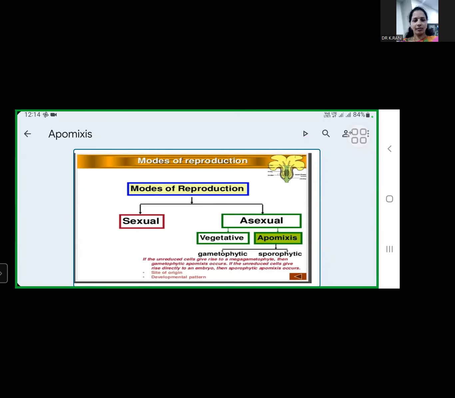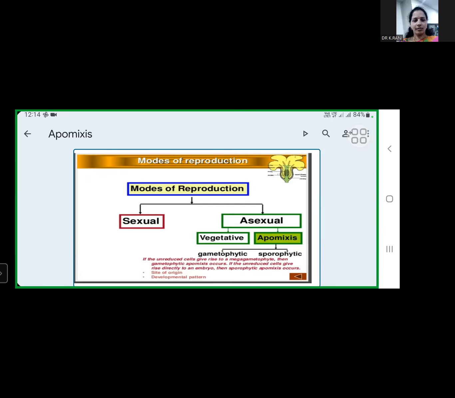Vegetative reproduction means propagation in which the plants develop either from parental seeds or from other parts of the plant. Hence they are also called propagules.